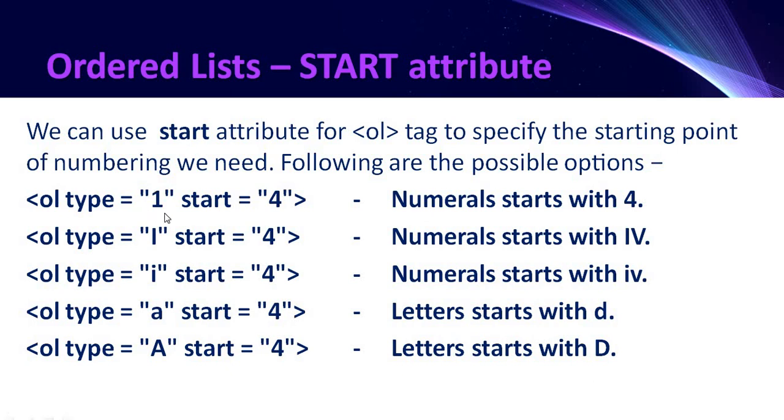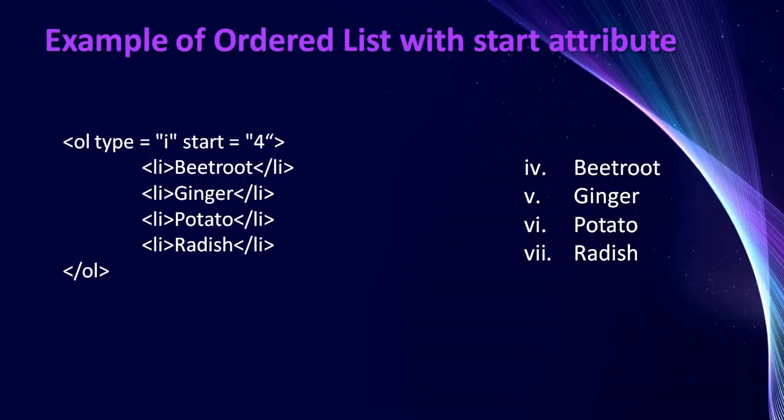Not only for numbers, we can specify the starting point for uppercase Roman, lowercase Roman, uppercase alphabets, lowercase alphabets, everything. So if I give A and start as 4, it means the letter starts with D, not with A. See, I will show you the example. So this is the example.